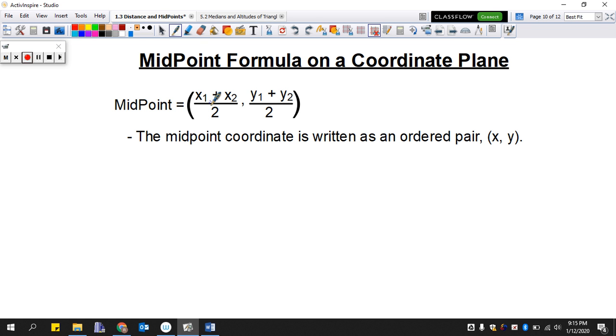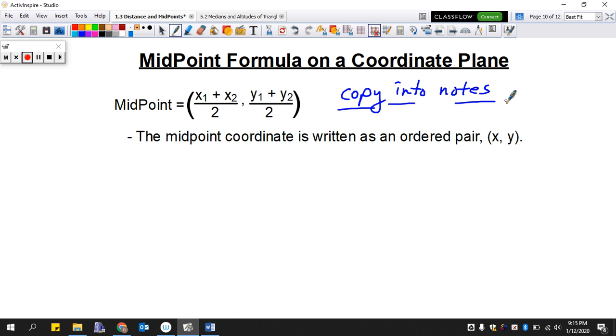All right. Find the coordinates of the midpoint of a line segment GH when G is at 8, negative 6. Okay, so this is x and y. This is x and y. And H is at the point of negative 14, 12. Okay, so we're going to do x1 plus x2 divided by 2, comma, y1 plus y2 divided by 2.